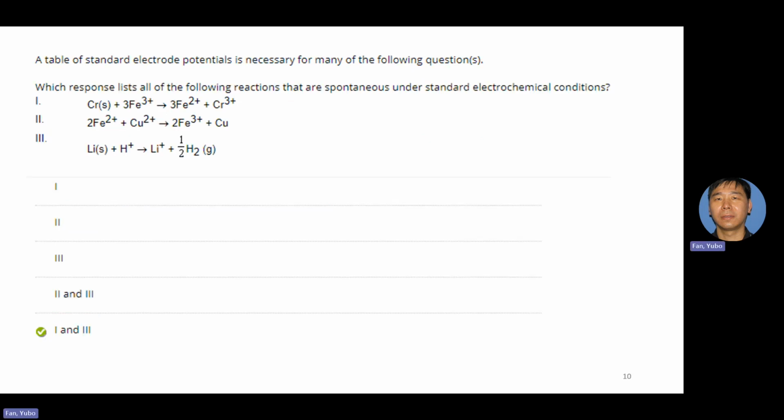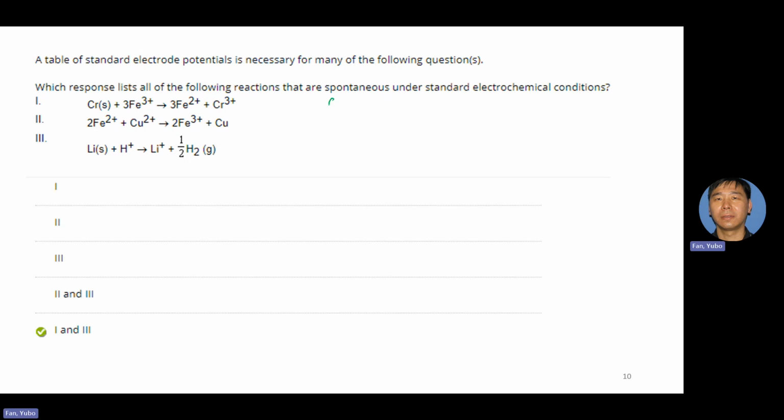Next question. Which response lists all the following reactions that are spontaneous under standard electrochemical conditions? So we need to find the reduction potential from the table in the textbook.